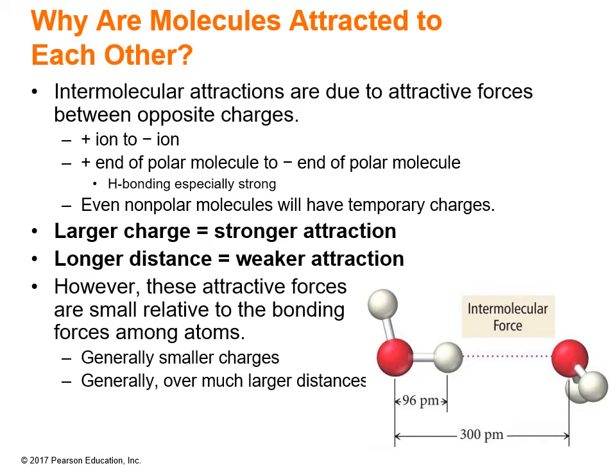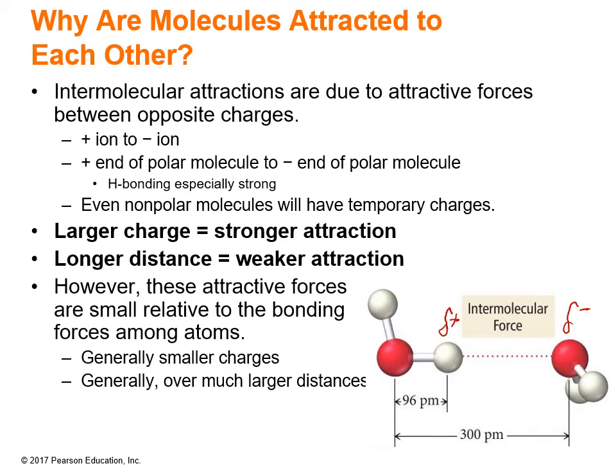So if we have a more positive end of a polar molecule, it gets attracted to the more negative end of a polar molecule. For example, we have water, so our hydrogen has a little delta, partial positive, and our oxygen is a partial negative, a little delta negative. And they are attracted to each other because of the difference in charges.